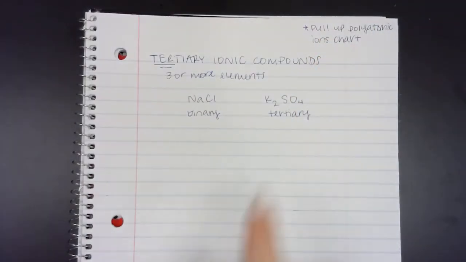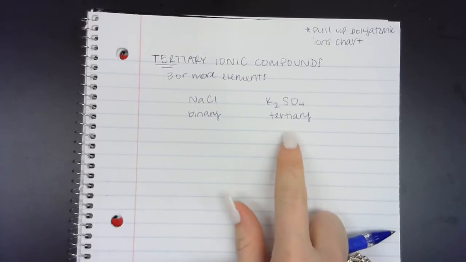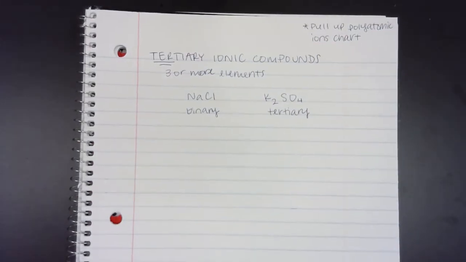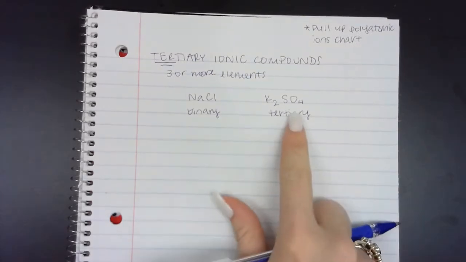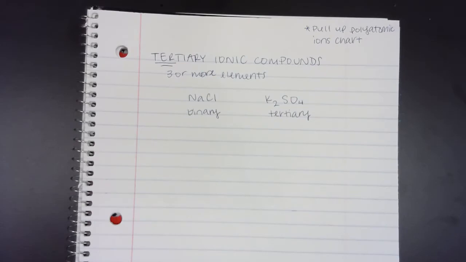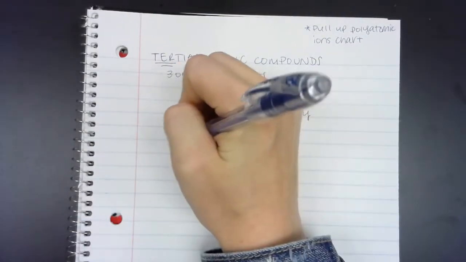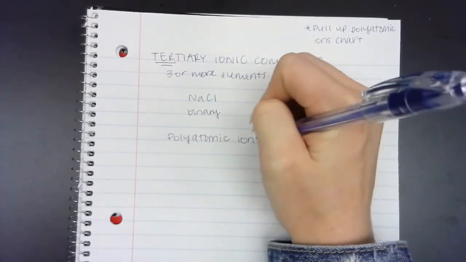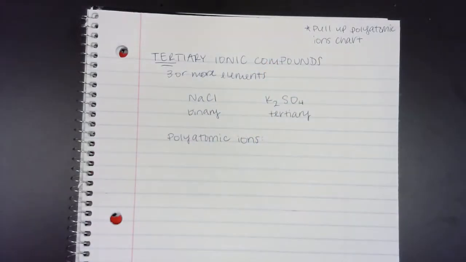Okay, so today we're going to be learning how to write the chemical formulas for tertiary ionic compounds. Tertiary ionic compounds always have a polyatomic ion in them. We've already learned a little bit about polyatomic ions, but it's really important to remember that they act as one unit.